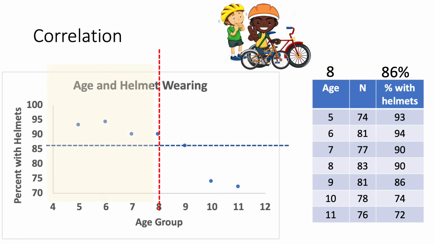In this case, the kids who are below the average for age are above the average for wearing their helmets. And the opposite is true. If they're above that average age, they're generally below the average for wearing their helmets.